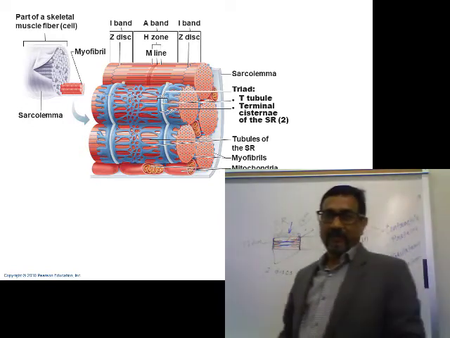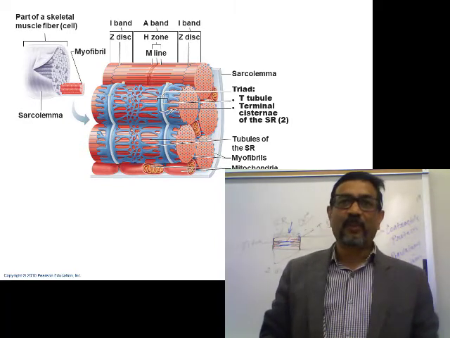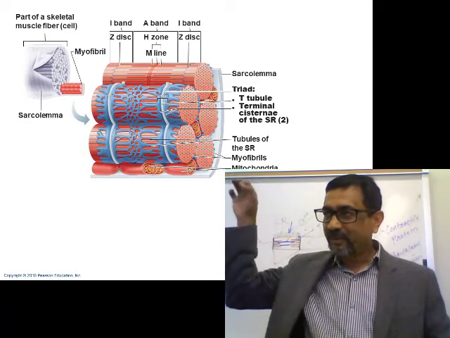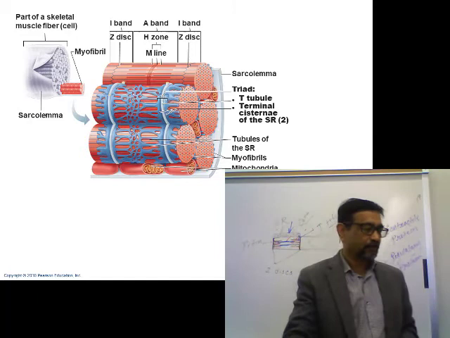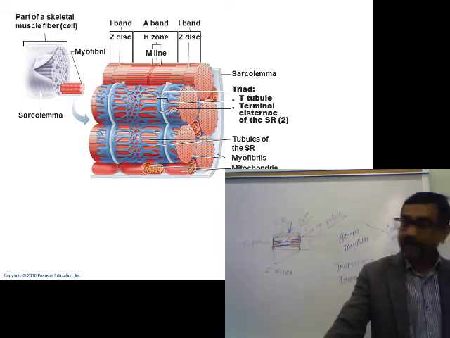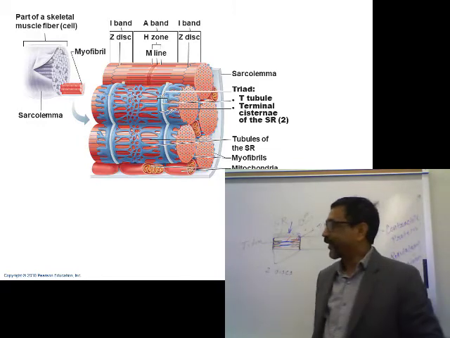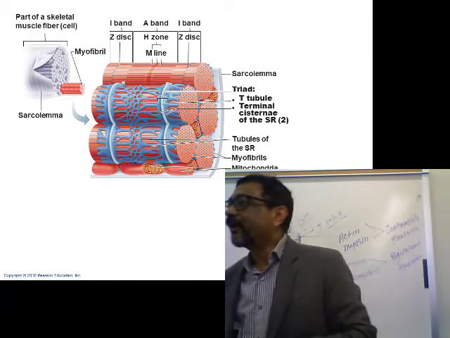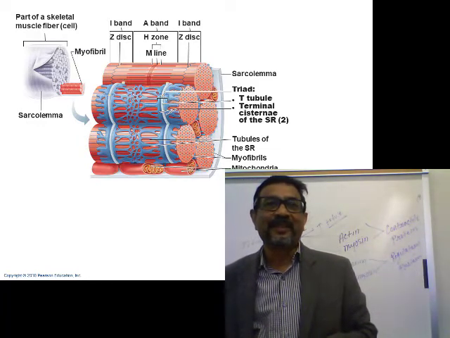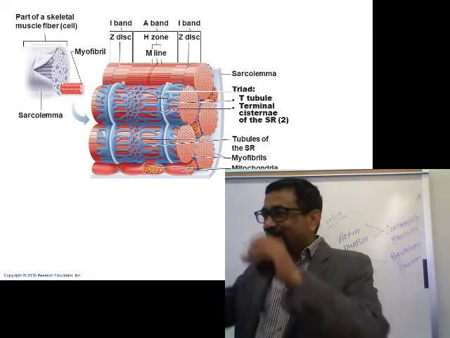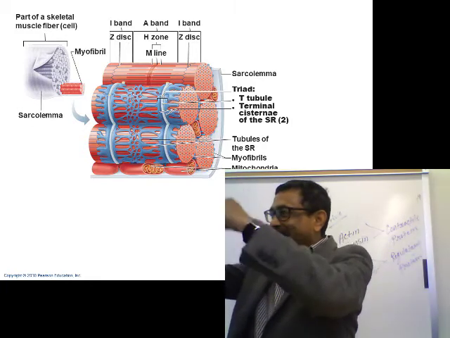Inside the sarcomere, because calcium must bind with the troponins, right? Those proteins. Okay. So now you know what is sarcoplasmic reticulum. You remember endoplasmic reticulum inside the cell? Many tube-like structures are connected to each other, right?